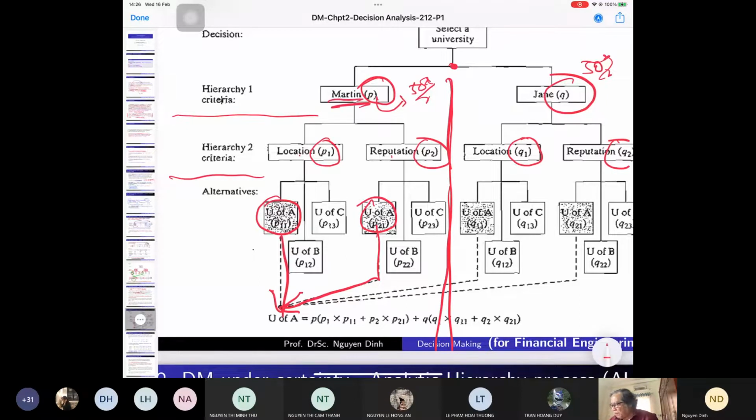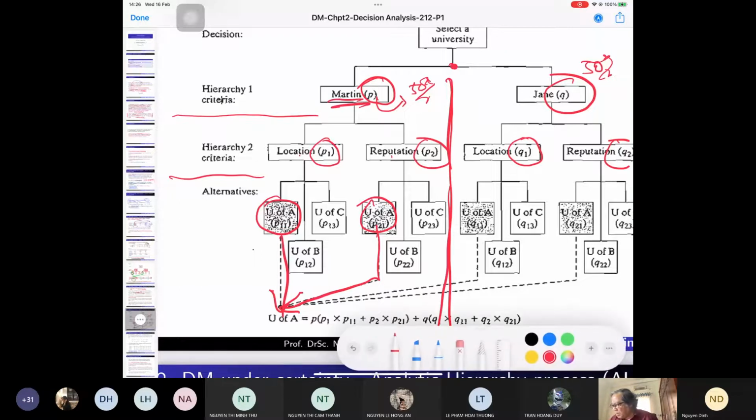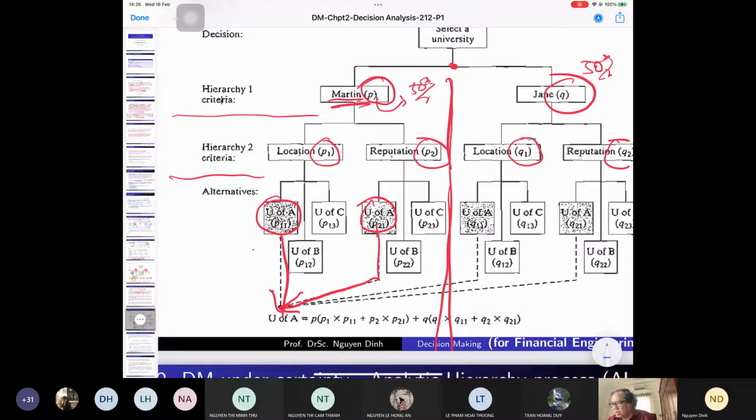For Jane, you take UA here, the location multiplied by Q1 and the reputation multiplied by Q2.